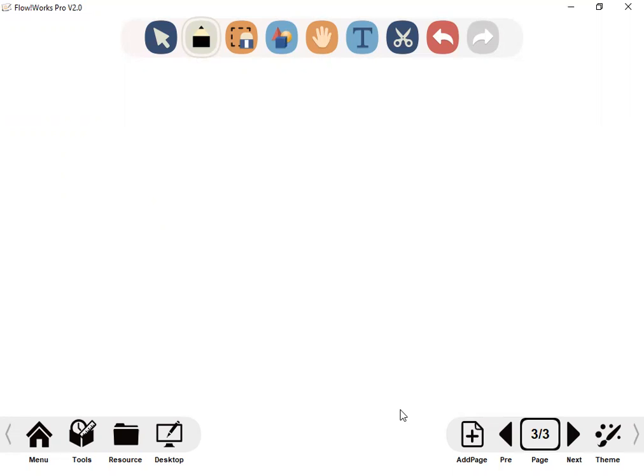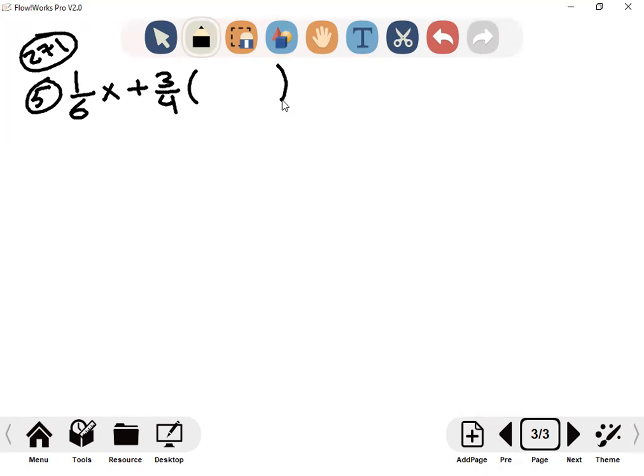Simplify each expression. Write your answer in factored form. In question 5, we have 1 over 6x plus 3 over 4 multiplied by half x minus 4. First step, we need to simplify.